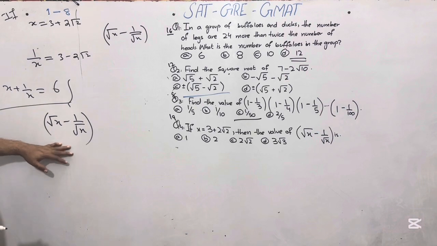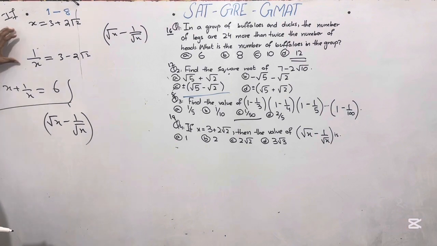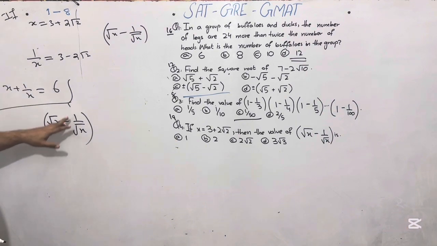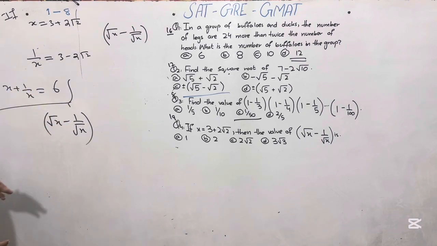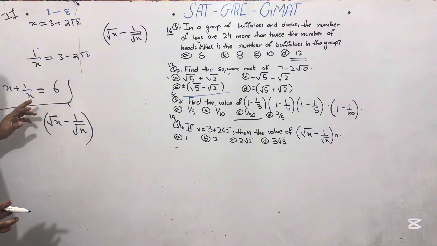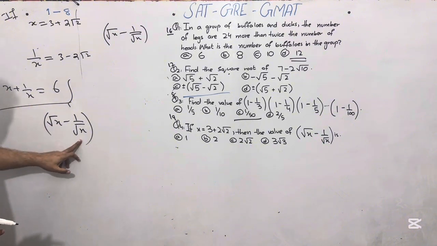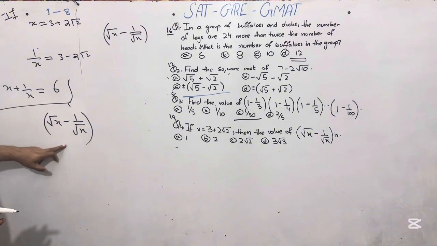We have to transform this quantity into x, because we have the values of x and 1 over x. It is very hard to get root x minus 1 over root x directly from x. However, in retrospective fashion, we can manage this.